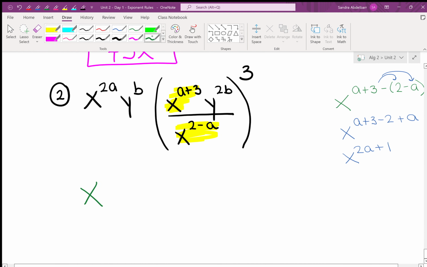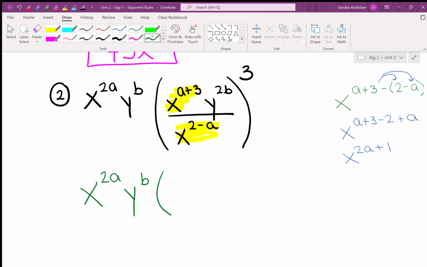We have the x to the 2a, y to the b, and now we have times x to the 2a plus 1, y to the 2b, all raised to the third power. Now do I distribute in that exponent? Yes. Now remember, when you distribute in that exponent to the x raised to the 2a plus 1, you have to distribute it into the 2a and to the 1.